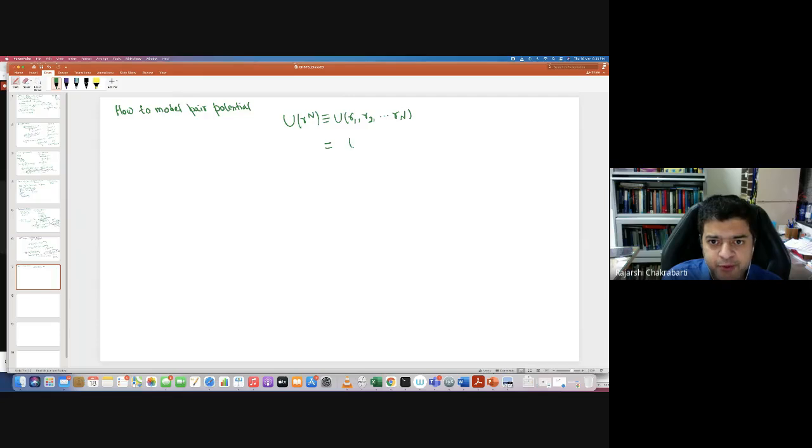You write it in terms of pair potential, no? So I write small u, which depends on the modulus of Ri minus Rj, and then I sum over i greater than j, from 1 to N. This is the sum of pair potentials.